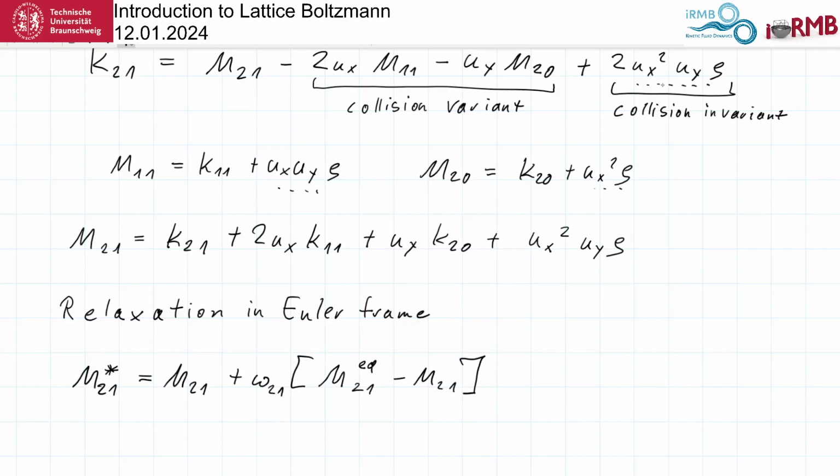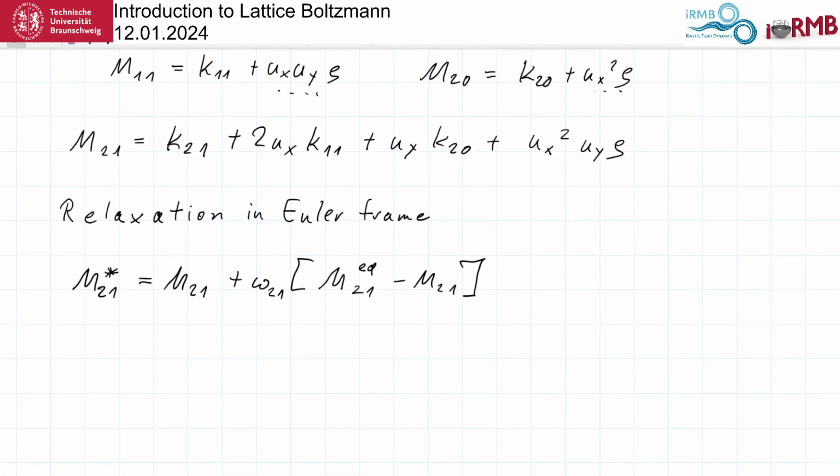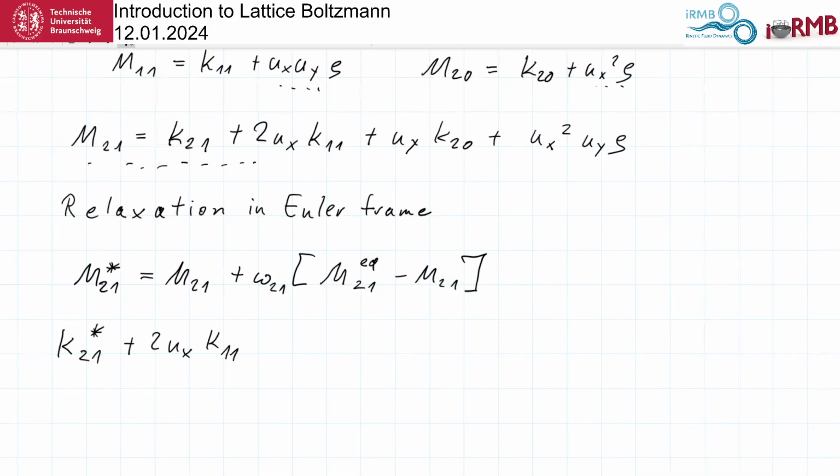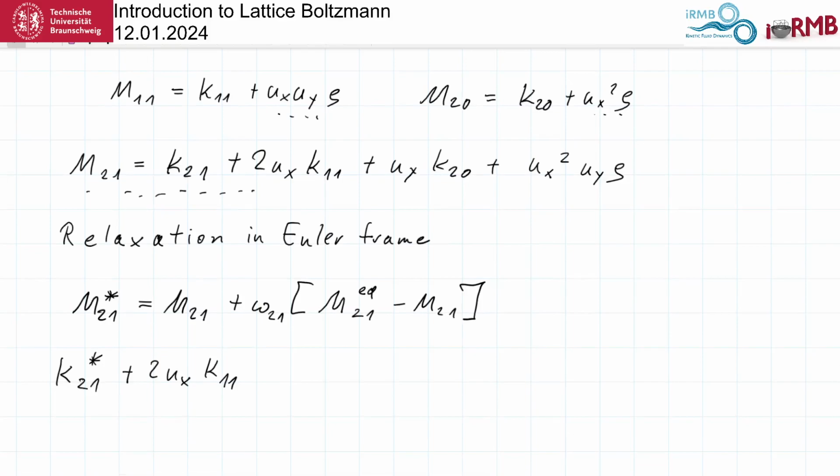Now we have to write a little bit, because we now have to replace all these raw moments with the central moment and see what is going to happen. So this is a lengthy thing, because they are not short, but let's do it once in your life. So we replace M21, so this is the equation written up here, with plus 2Ux K11, and now this is collision variant.